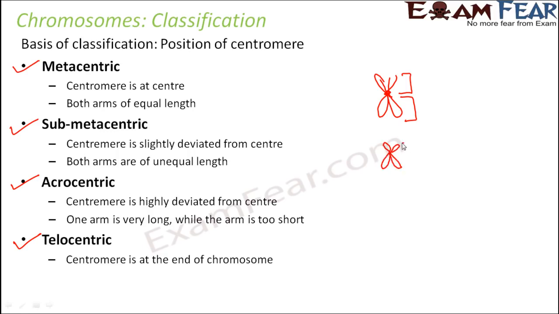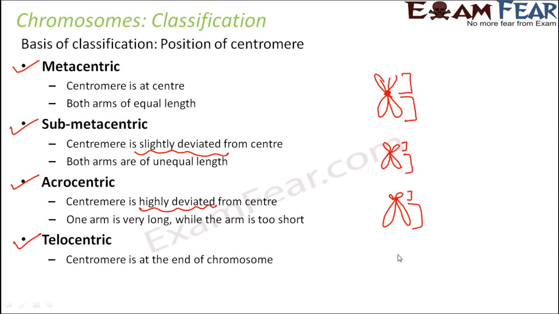In this case, one arm is short while the other arm is long. So they are of unequal length. In acrocentric, centromere is highly deviated. So in submetacentric, it is slightly deviated, and here it is highly deviated. Here one end will be too small and the other end will be too large. So one arm is very long and the other is too short.